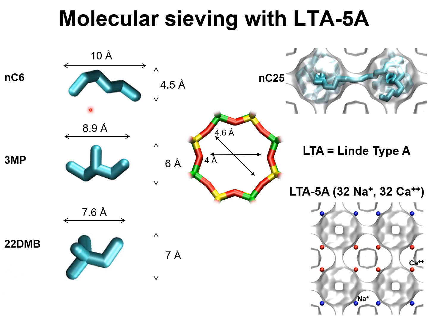And therefore, in principle, it is possible to separate the normal hexane from the branched isomers using LTA5A zeolite.